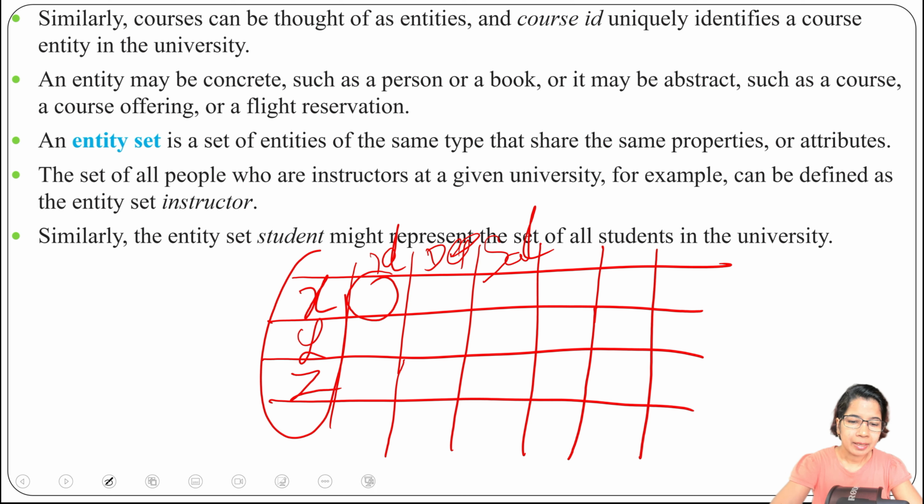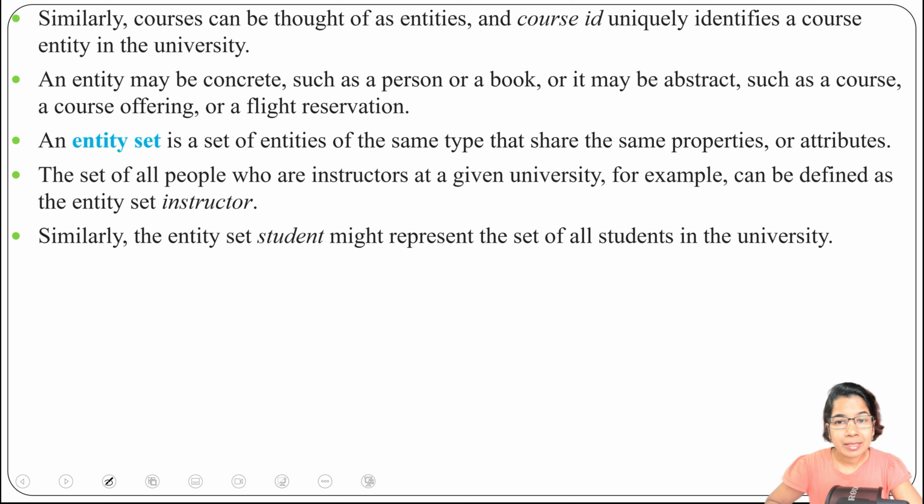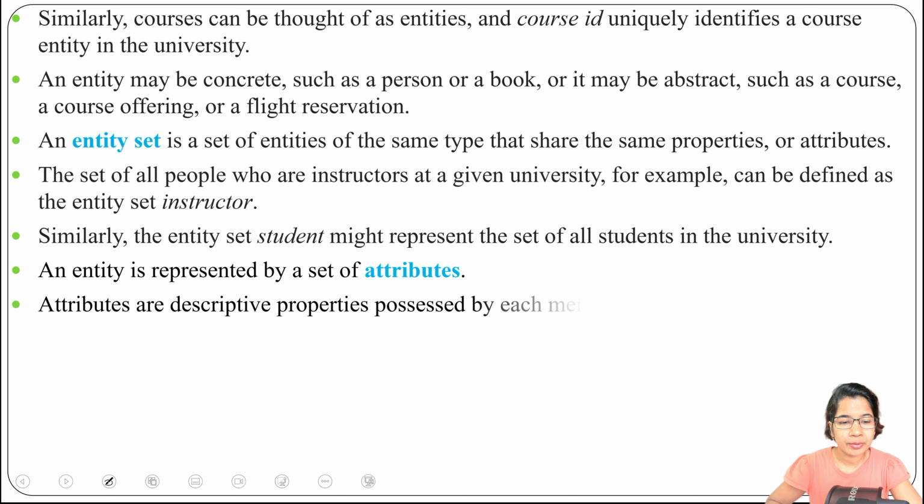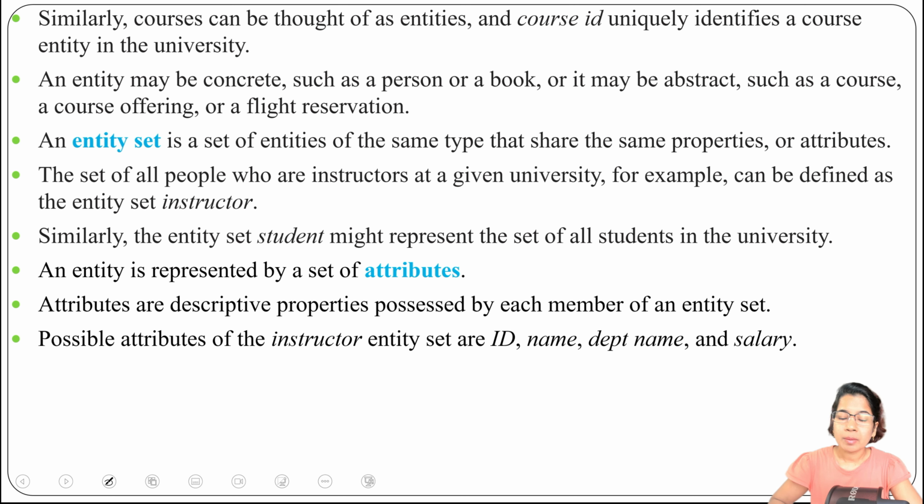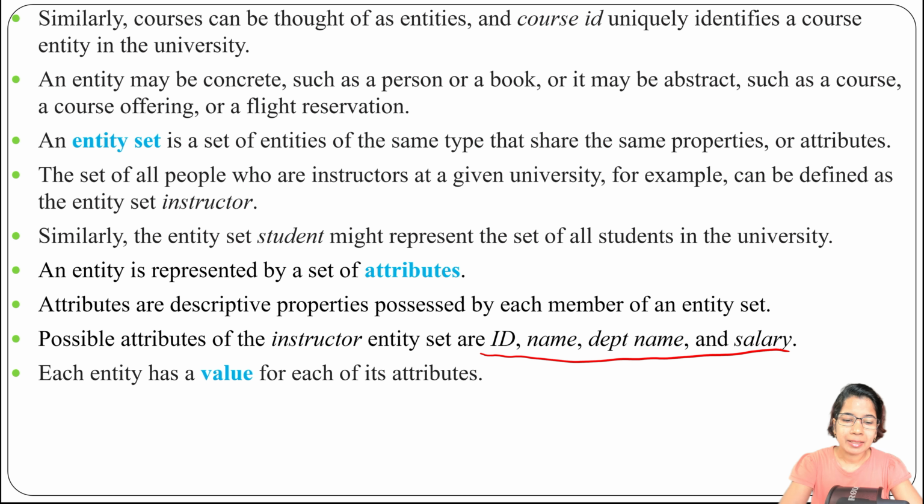So these are the entities while these are the attributes. So an entity is represented by a set of attributes. How can we describe one entity? That's by the attributes. So possible attributes of instructor are ID, name, department name, salary. Each entity has a value for each of its attributes.